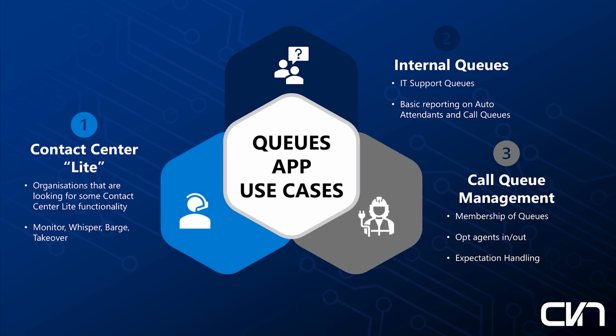That comes onto those internal queues. So if you have internal support queues or any particular queues internally, HR queues, accounting queues, whatever, the basic reporting that we've just looked at in the Queues app is going to be enough. It's going to be passable for them. It's going to give them the information that they need. I think it's a great use case there.